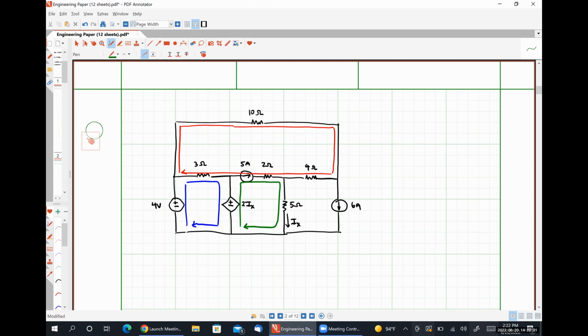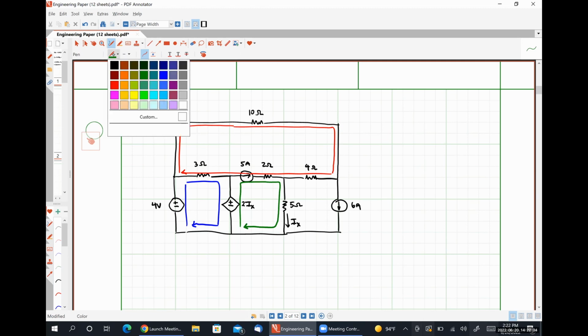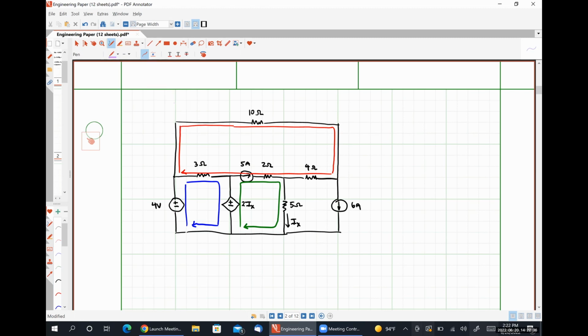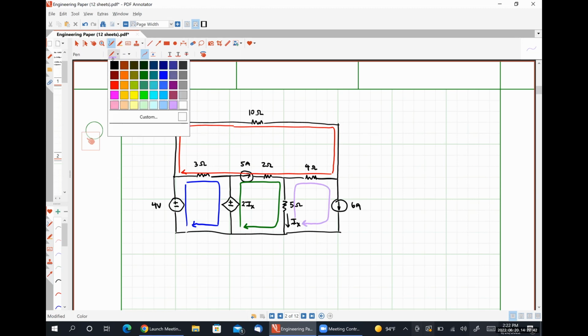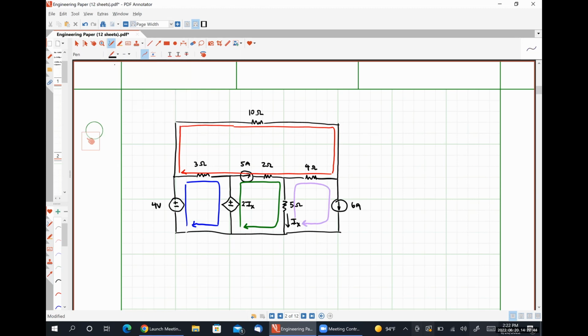This mesh here on the bottom middle. And this mesh here on the bottom right. So we've taken care of step 1. Identify our meshes.